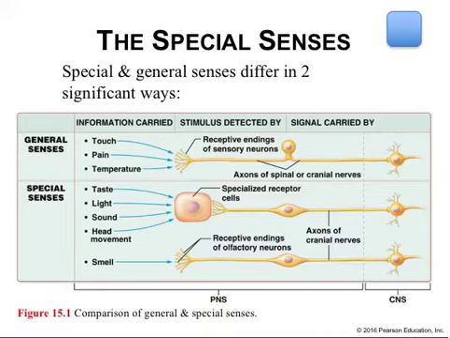And then smell, you can see, is again a direct impingement on a bipolar neuron that is going to produce an electrical change on the olfactory bulb, and that's going to be relayed via the olfactory tracts back to the olfactory cortex, which is thought to lie near the temporal lobe.